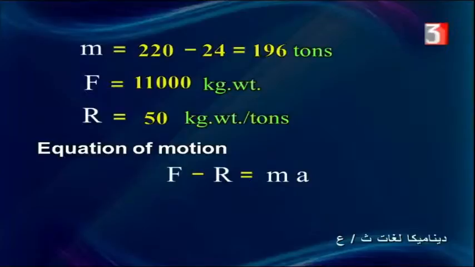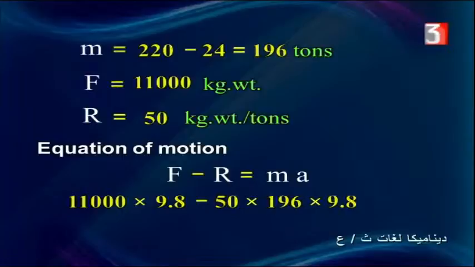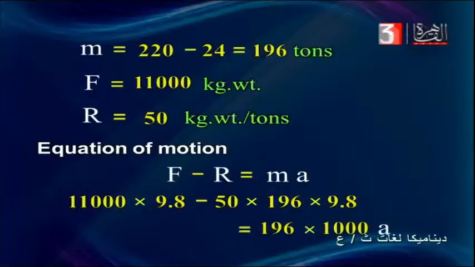Since F minus R equals MA, then 11,000 kilogram weight times 9.8, the force here in Newton units, minus the resistance 50 multiplied by the mass of the remaining part 196 ton times 9.8, the resistance now in Newton units, equals the right-hand side: 196 multiplied by 1000, the mass of the remaining part in kilogram, times the acceleration.